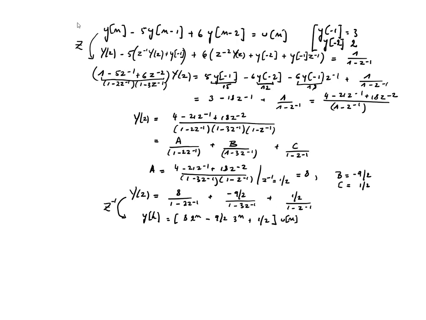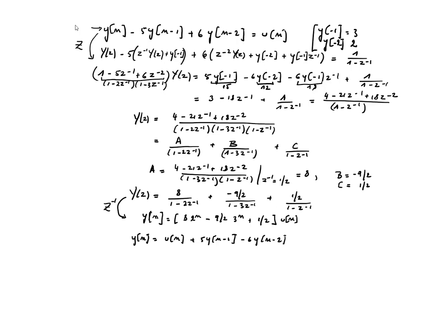From the original equation we can write, I should write, of course, an n over here. So from the original equation you can write y of n is equal to u of n plus 5 y of n minus 1 minus 6 y of n minus 2.